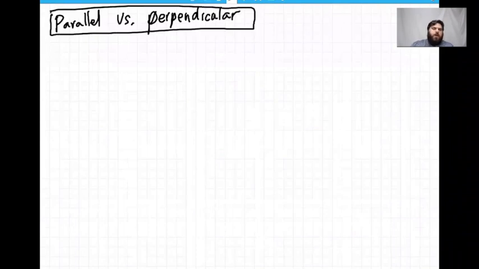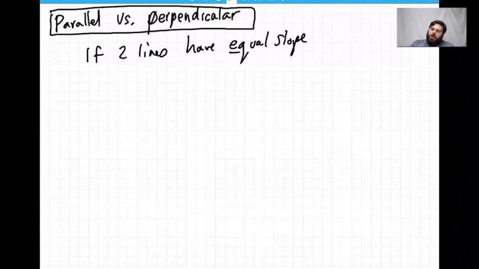So one really important thing you got to know how to do, this is almost a guaranteed question on the ACT, is talking about, are two lines parallel or perpendicular? So we're going to talk about parallel versus perpendicular lines. How are you supposed to know if two lines are parallel or perpendicular? All right, if two lines have equal slope, what do you know about those lines?